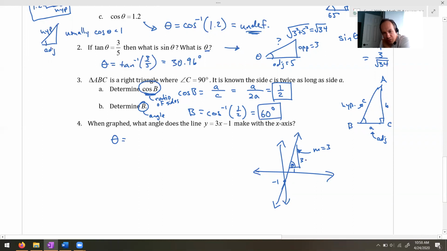We have what appears to be an opposite side, and we have what appears to be an adjacent side. So we should be able to write tan theta equals opposite over adjacent. And tan theta is equal to 3 over 1. So theta is equal to inverse tan of 3 over 1, or just 3.